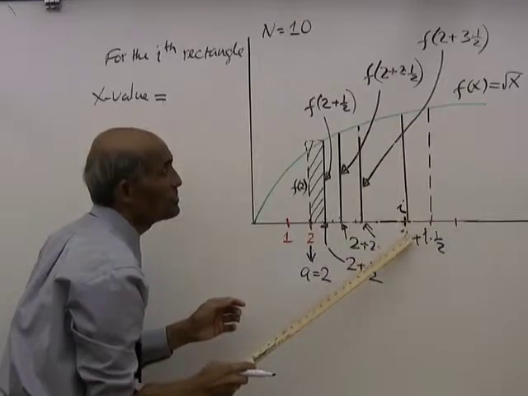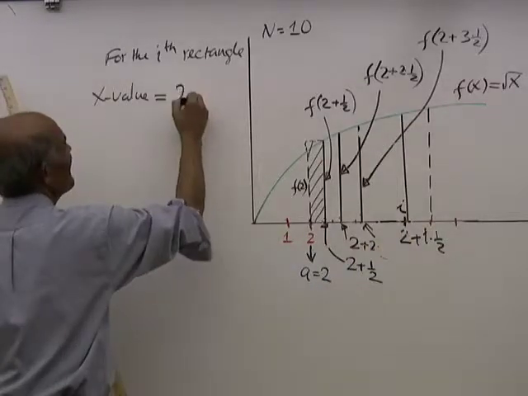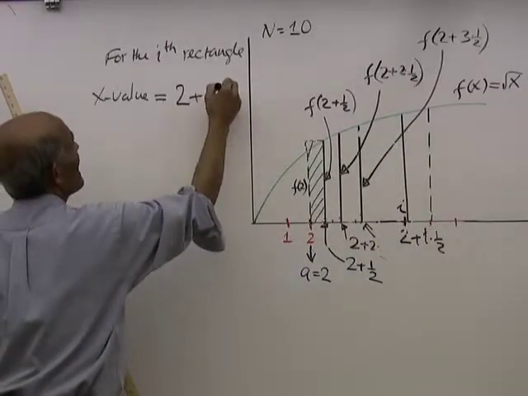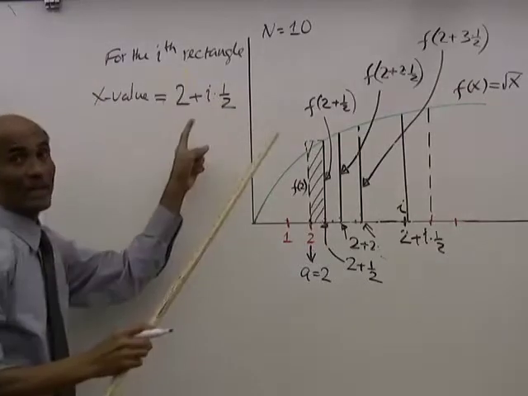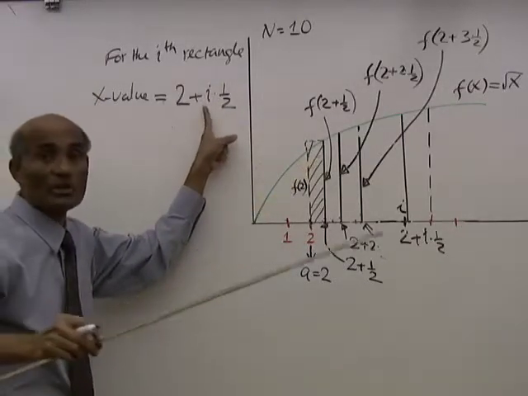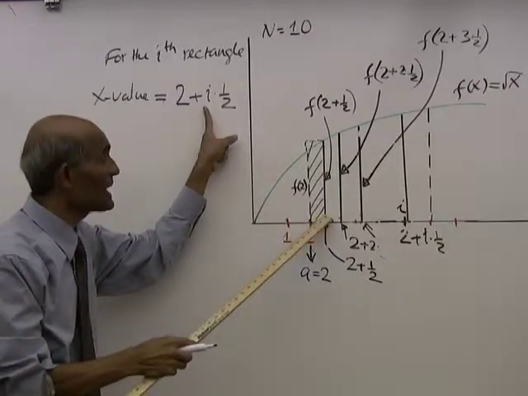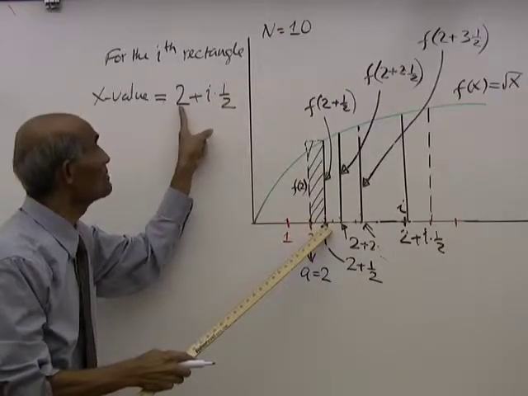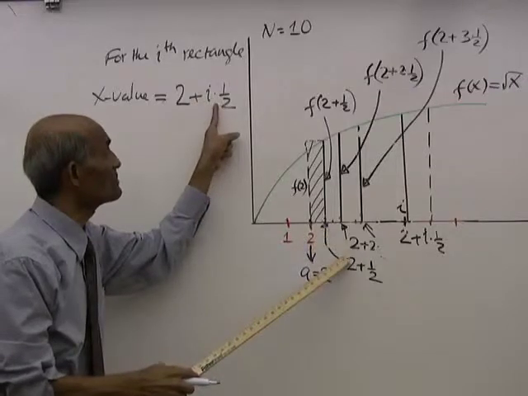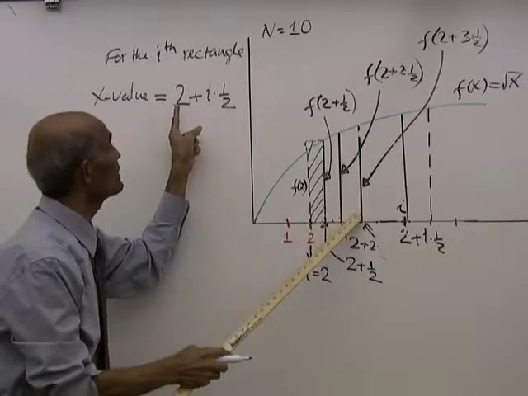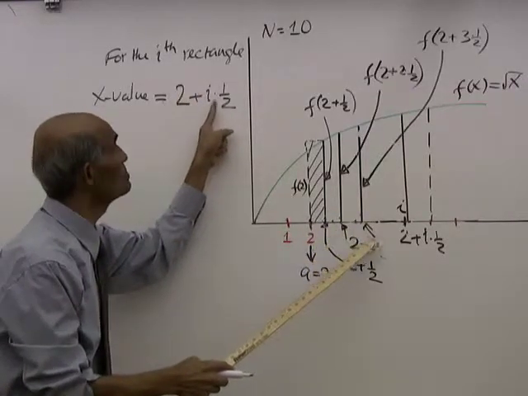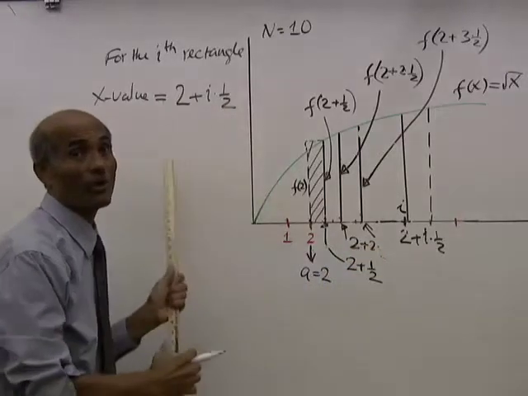It will be 2 plus I times 1/2. Again, that I can be 1, 2, 3, 4. For the first rectangle, that x value will be 2 plus 1 times 1/2. For the second rectangle, it is 2 plus 2 times 1/2, and so on.